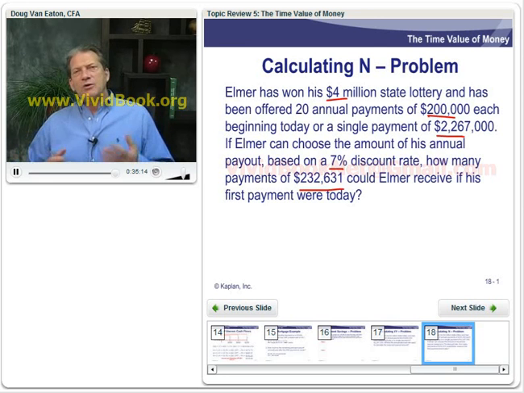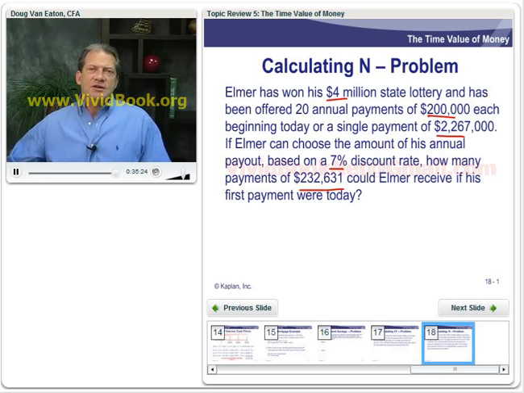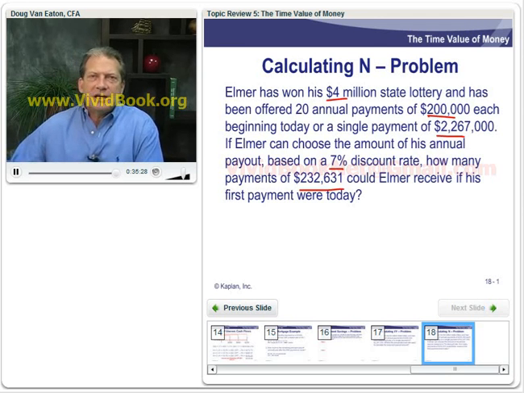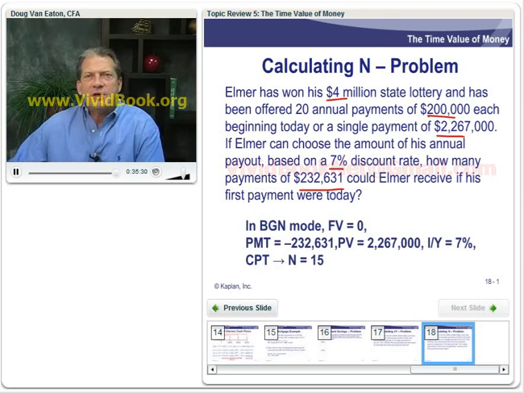So again, we've got the four pieces, right? We've got payment, we've got the interest rate, we've got the present value and the future value. What we don't have is how many payments. So in this case, we can solve for n. Now again, it's an annuity due because the first payment comes today. So let's put it in begin mode. Future value is 0. Here's our payment.